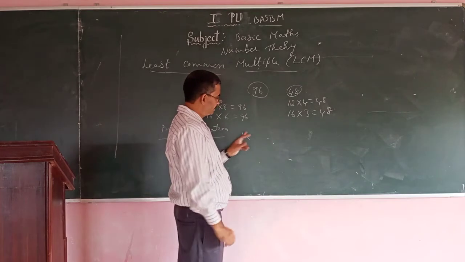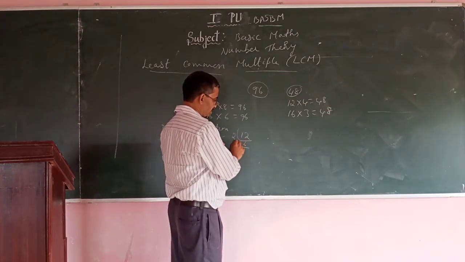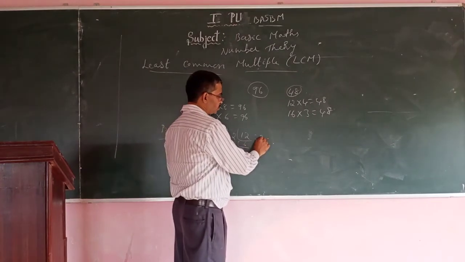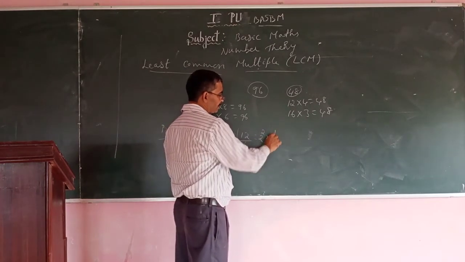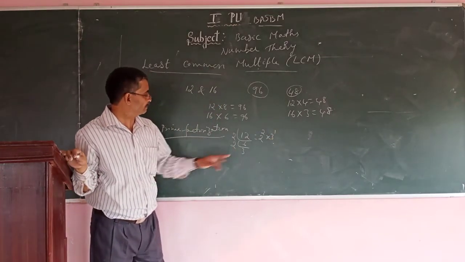Of course, you can get it: 12, 2, 6, 2 and 3. So it is nothing but 2 to the power 2 into 3 to the power 1. This is the prime factorization of 12.